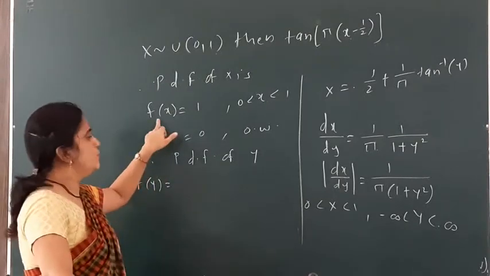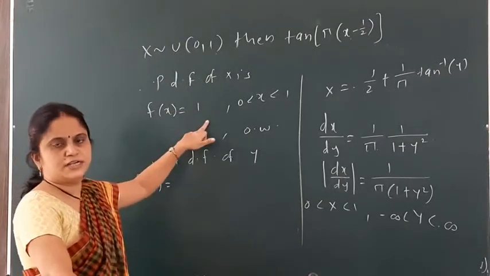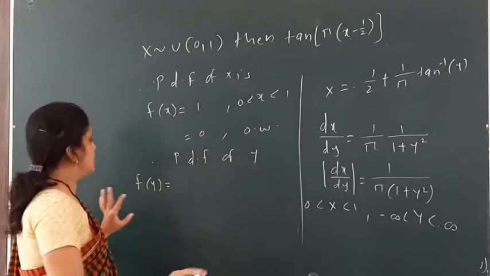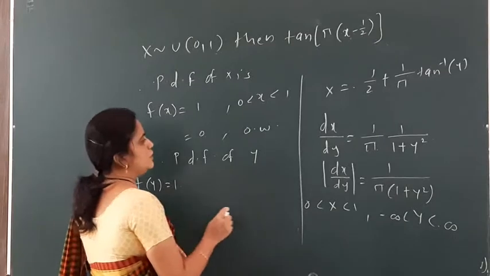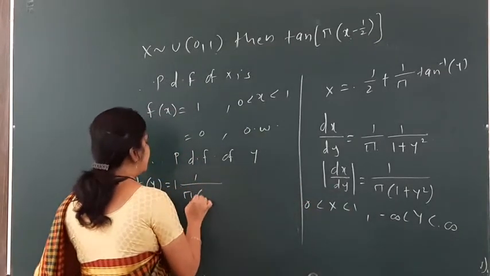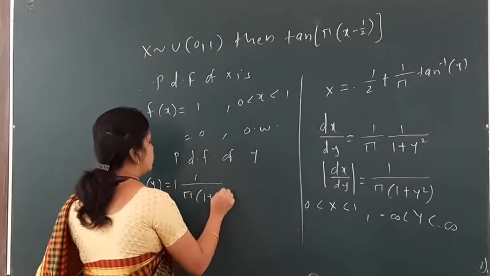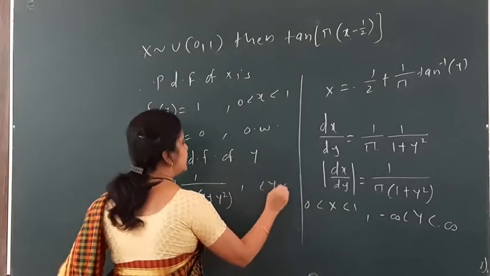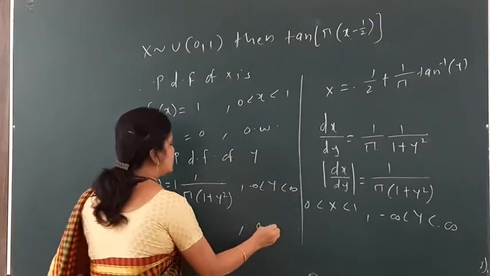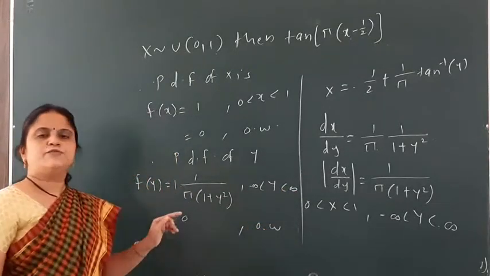But observe your fx: fx is equal to 1, a constant term, so there is no change. It comes as 1 into modulus of dx by dy, that is this term. So 1 upon pi into 1 plus y square, for the range minus infinity to infinity, and equal to 0 otherwise. So this is my required PDF of y.